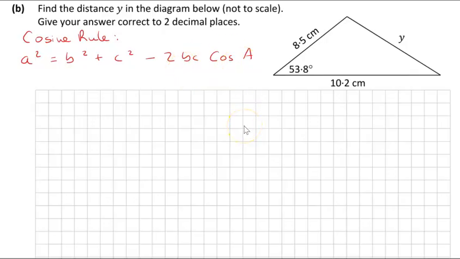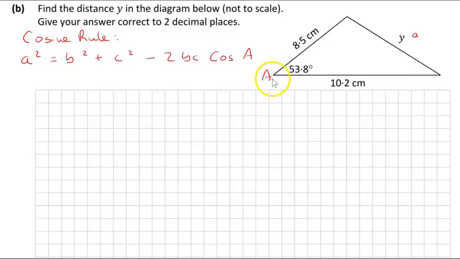So we're going to label our triangle. The 53.8 degrees has to be capital A because there's a capital A in the formula. So if you look closely at your formula, you've lowercase a, lowercase b, lowercase c, and capital A. The capital A represents angle A. So we've only got one angle here, 53.8 degrees.